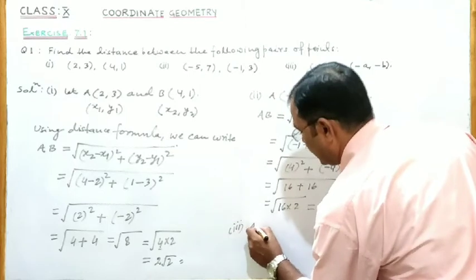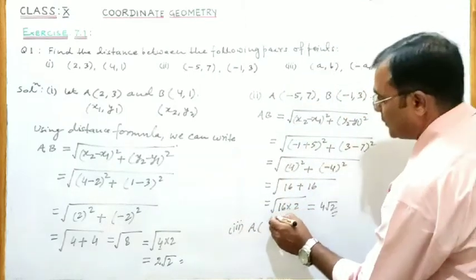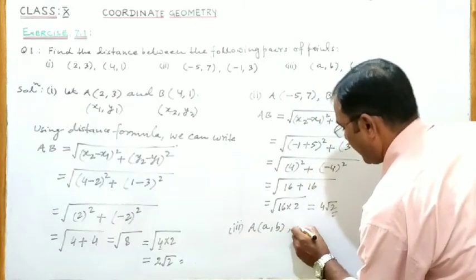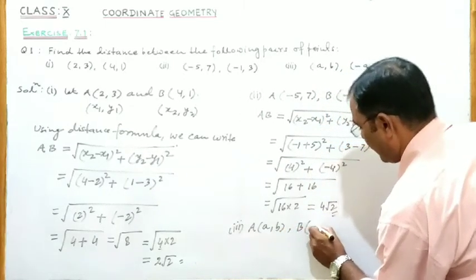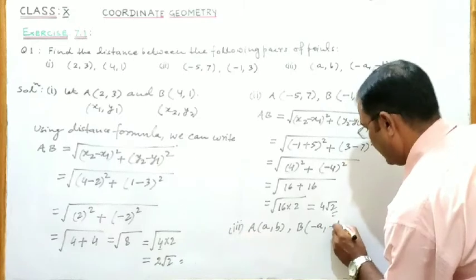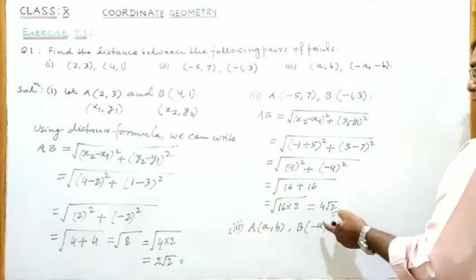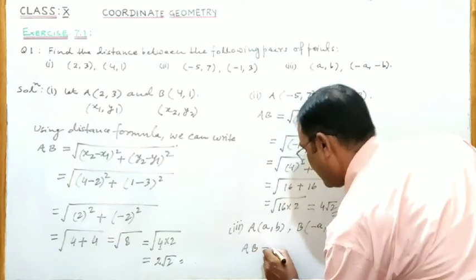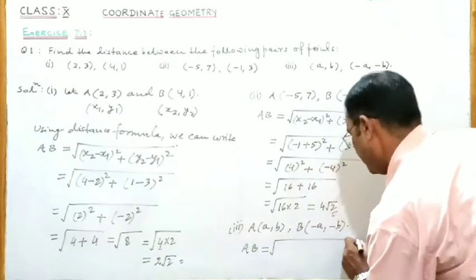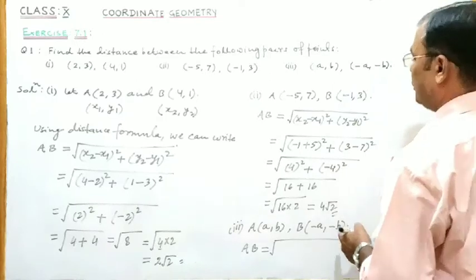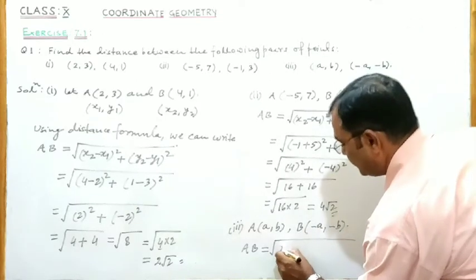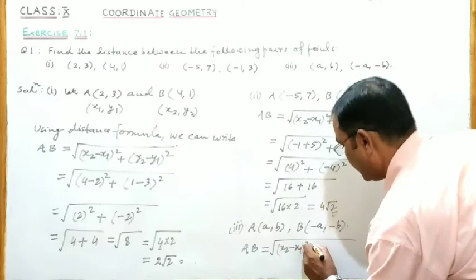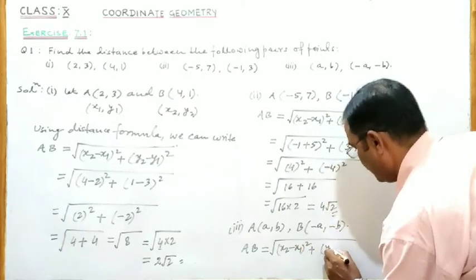Now third part. In third part, let the given points be (A, B) and (minus A, minus B). So using distance formula we can write AB is equal to under root (x2 minus x1) whole square plus (y2 minus y1) whole square.